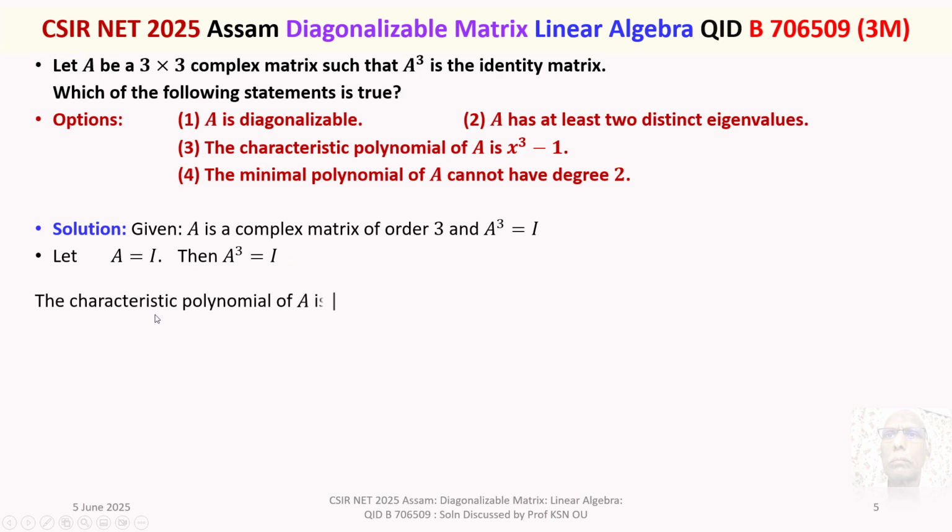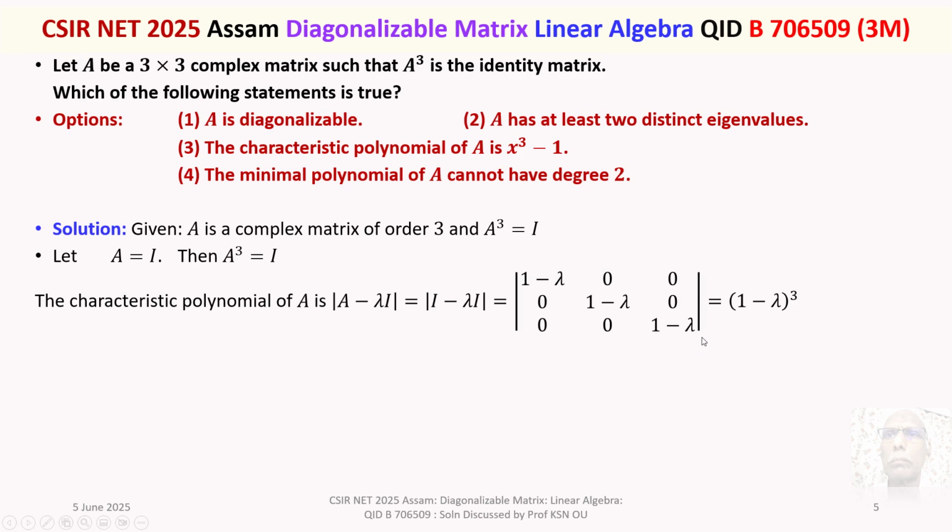Now the characteristic polynomial of A, we write it as determinant of A minus lambda I, where A is I, that is determinant of I minus lambda I, and that is the 3 by 3 determinant whose first row is 1 minus lambda, 0, 0, second row 0, 1 minus lambda, 0, third row 0, 0, 1 minus lambda.